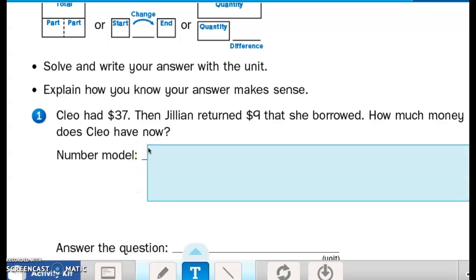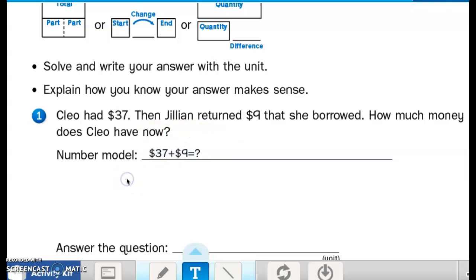So we've got 37 plus 9 equals, we don't know. We're going to use a question mark because we don't know what it is. That's what we're trying to figure out. 37 plus 9 equals what?